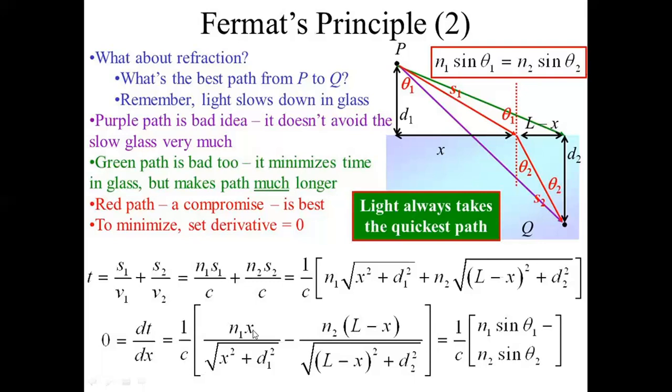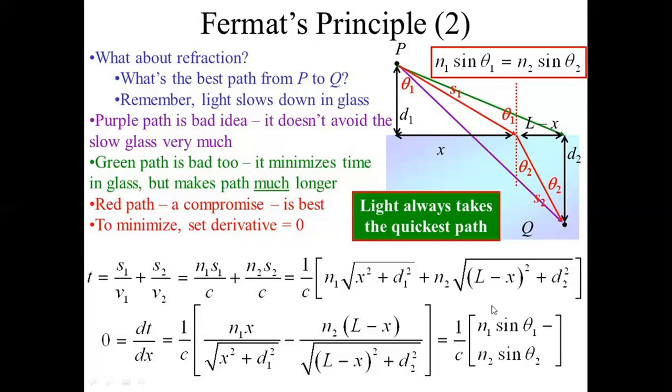And if we take the triangle with angle theta 1, sine theta 1 must be equal to x by root over x square plus d1 square, and in the triangle with the angle theta 2, sine theta 2 must be l minus x by root over l minus x whole square plus d2 square.